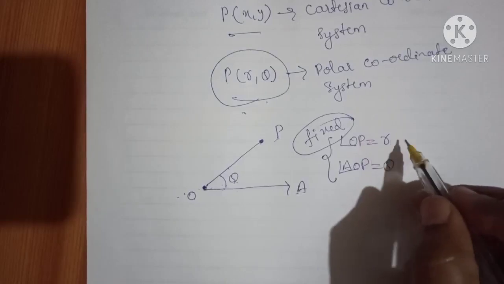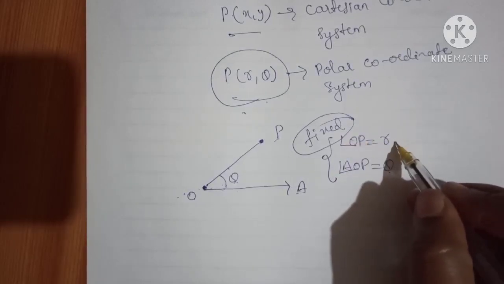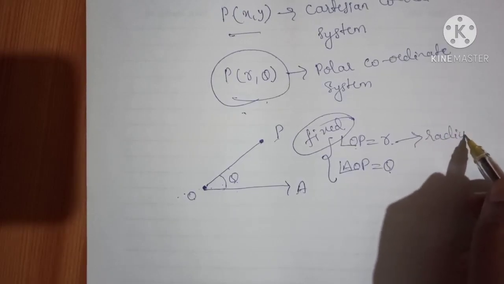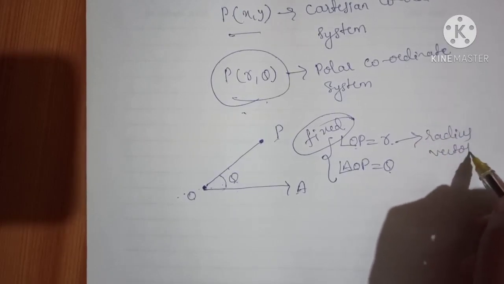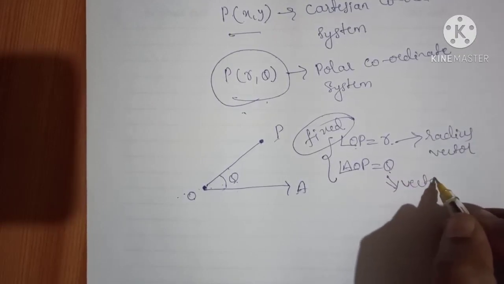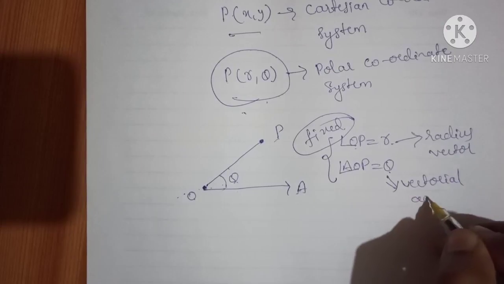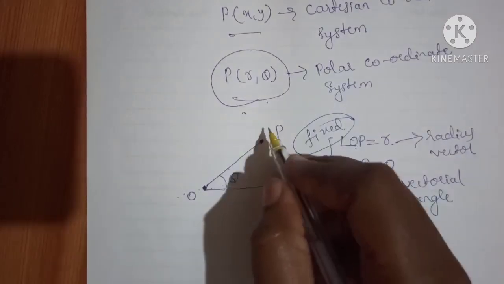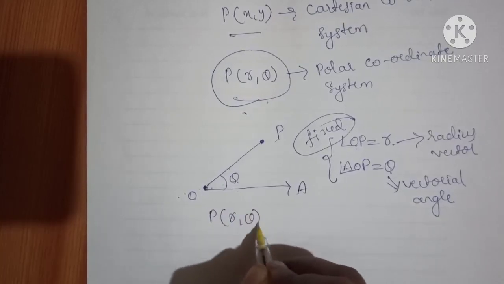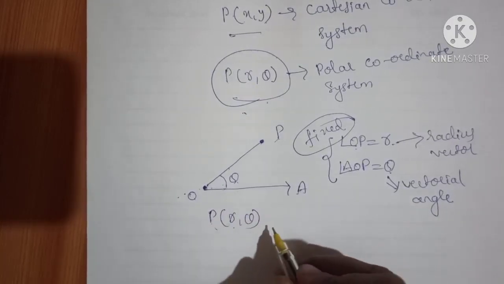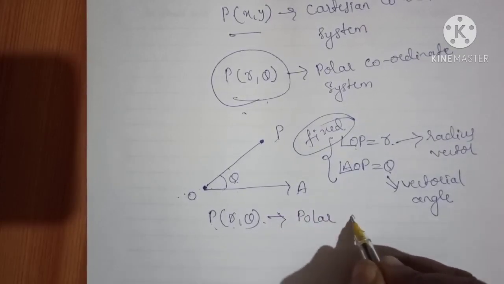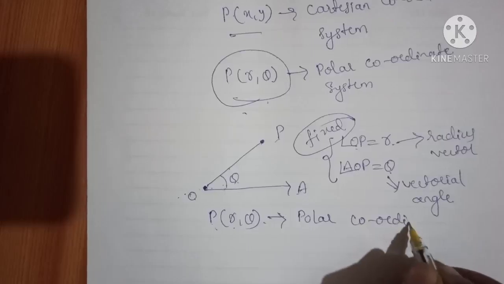Of these two fixed quantities, the first one, OP, is called the radius vector, and theta is called the vectorial angle. This point is denoted by the pair r comma theta, that is, P equals r comma theta, and this system is called the polar coordinate system.